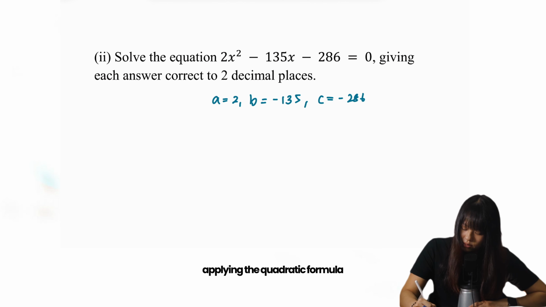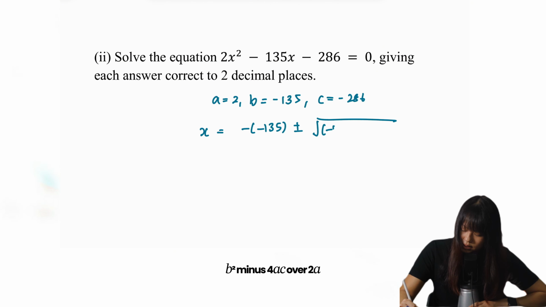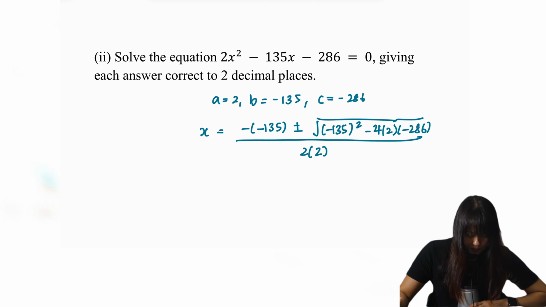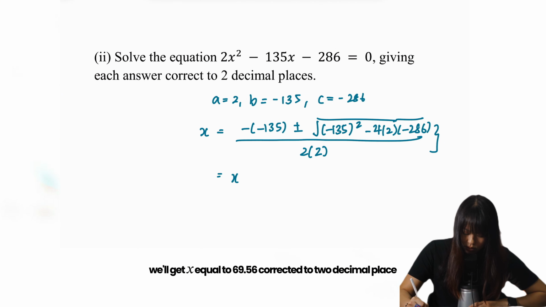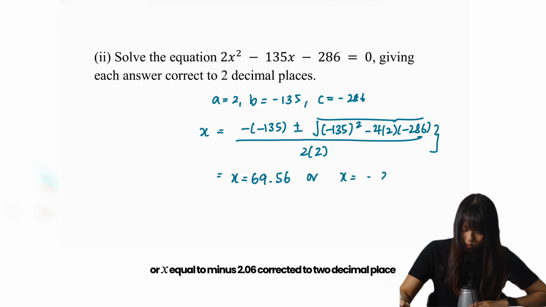Applying the quadratic formula, x is equal to minus b plus minus square root of b squared minus 4ac over 2a. Substituting this into our calculator, we'll get x equal to 69.56 corrected to 2 decimal places, or x equal to minus 2.06 corrected to 2 decimal places.